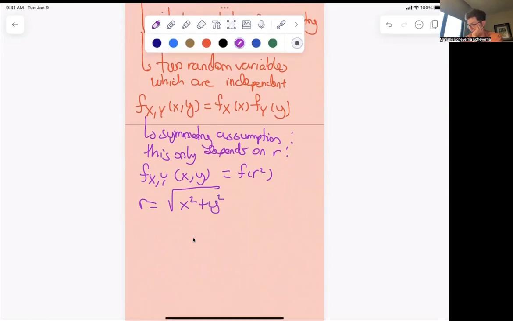So you have this equality: the density of x times the density of y is f of r squared.